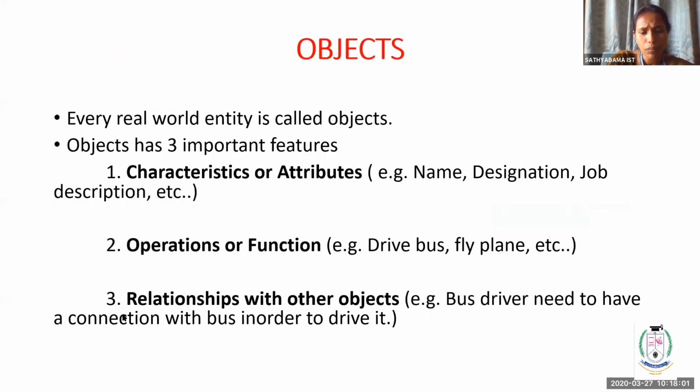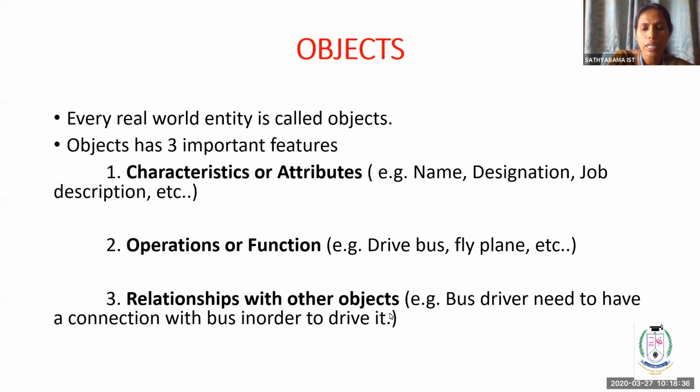Now the third component is the relationship with every object. We already know that in an object-oriented programming language, the entire program is divided into a number of objects. So one object should communicate with the other object, right? For example, consider the bus driver as one object and the bus as another object. The bus driver needs to connect to the bus in order to drive it.